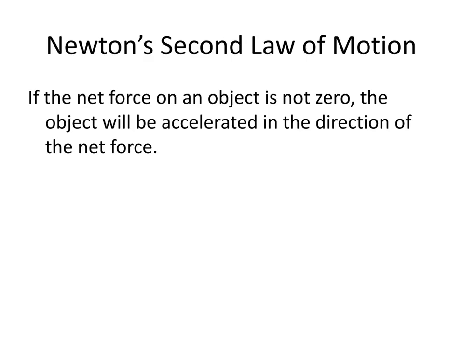So if the net force acting on an object is not zero, then the object will be accelerating, and it will be accelerated in the same direction as that net force. So Newton found that, as this statement says, the acceleration of an object is directly proportional to the net force acting on the object.